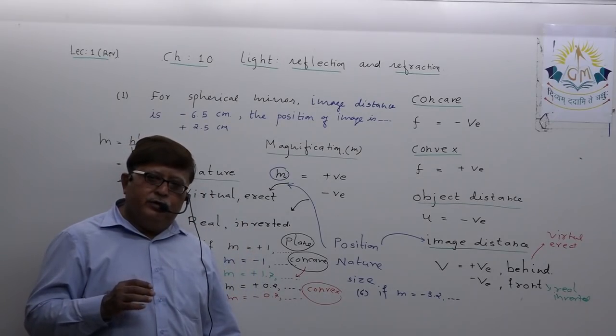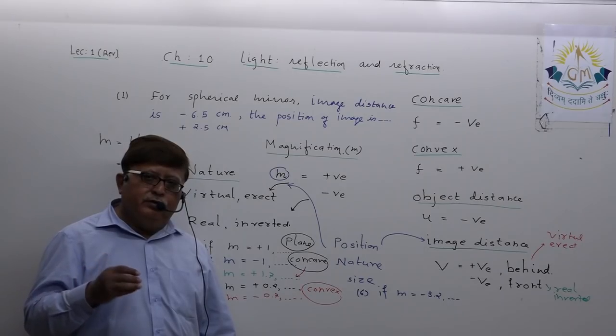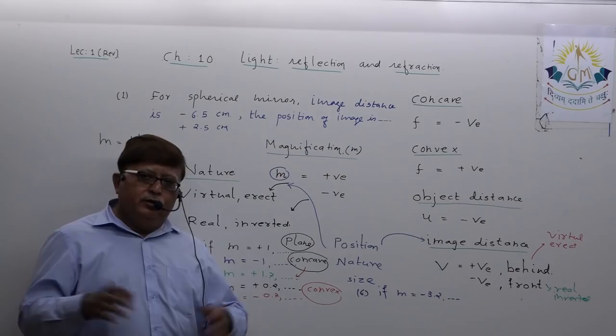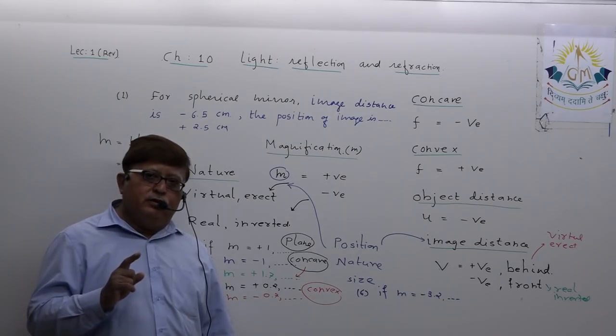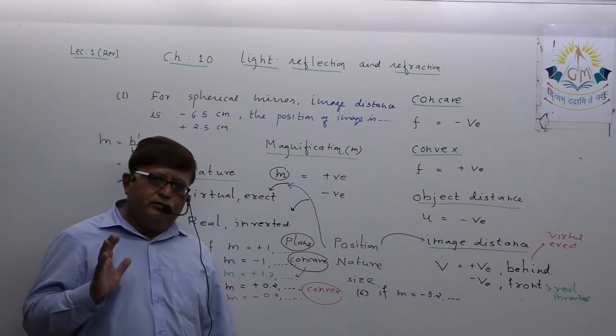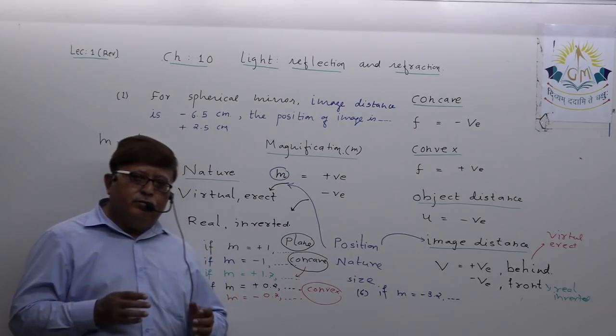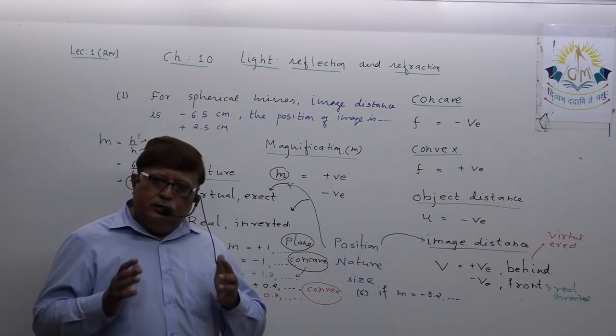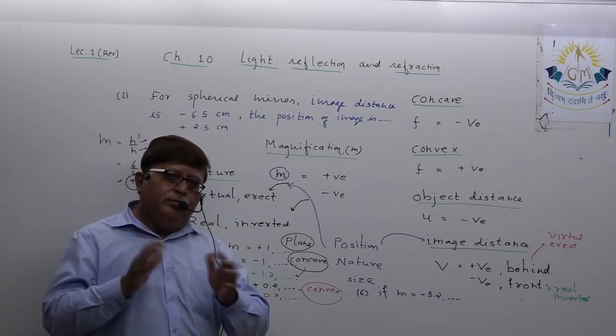For convex mirror, forget infinity. Just remember, when the object is nearer, you will get its virtual, erect and smaller image. So these are some of the important, basic points that need to revolve in your mind.